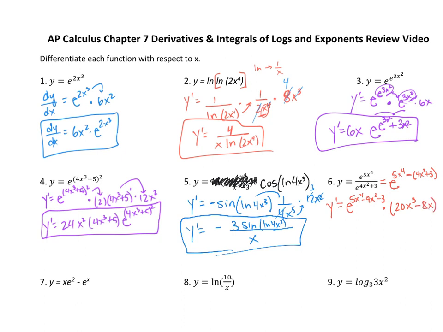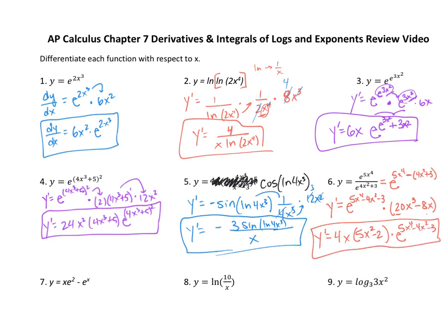And now it's just a matter of rewriting this. I can even probably take out something here if I wanted to simplify it a little bit further and clean it up. So I could take a 4 and an x out, and I will be left with the 5x squared minus 2 times this e to the 5x to the fourth minus 4x squared minus 3.